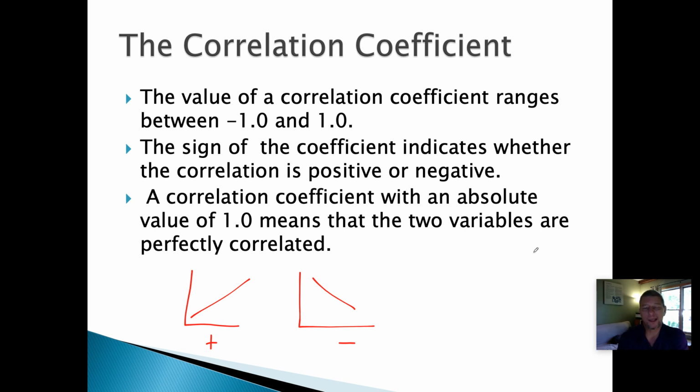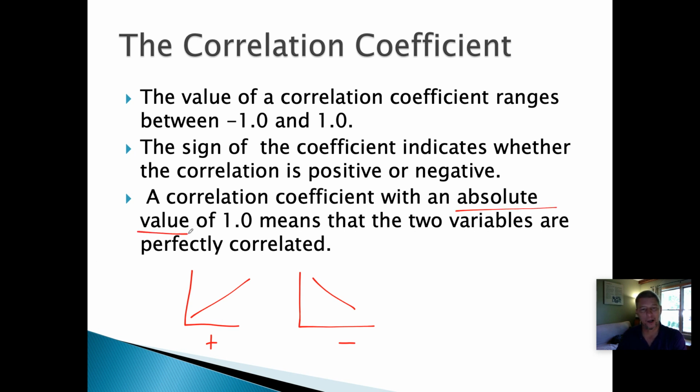Now, either way, whether it's -1 or +1, that means that the two variables are perfectly correlated, meaning that if you know the value of x, you can exactly predict the value of y, and vice versa. And notice the term here that says absolute value.